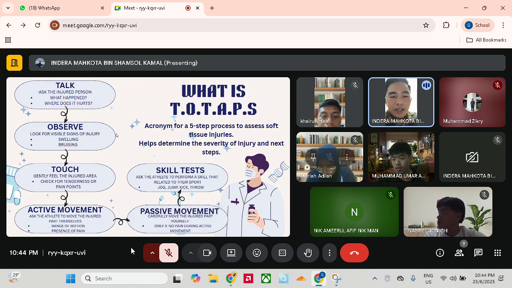And then the next procedure is active movement. Active movement means you ask the injured person or athlete to move the injured part themselves.